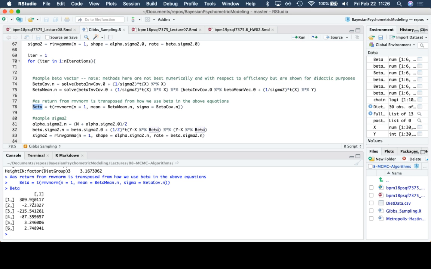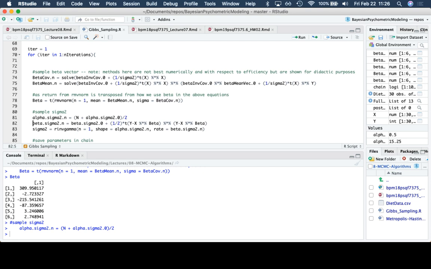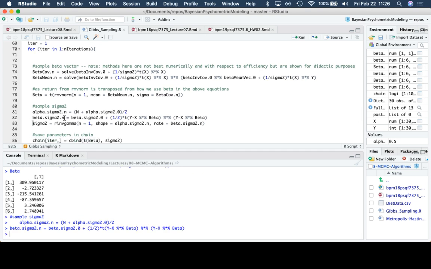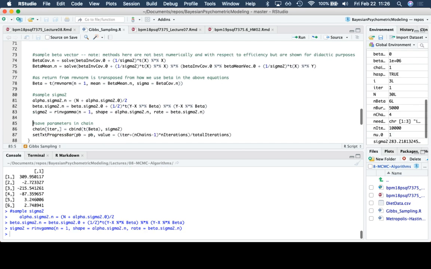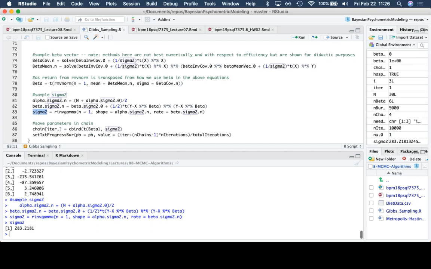What's next? Let's do sigma squared. We again calculate the parameters of the posterior distribution based on the formula from before, and we use an inverse gamma and just draw sigma squared from it. And now sigma squared is 283, getting much more in line with where we saw it before.